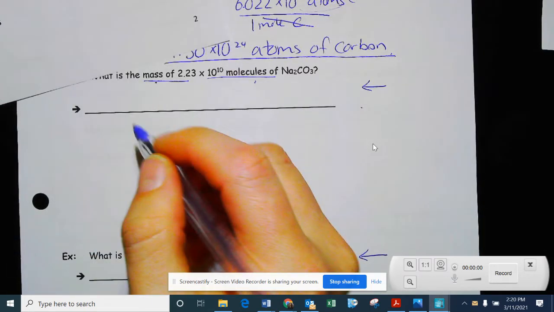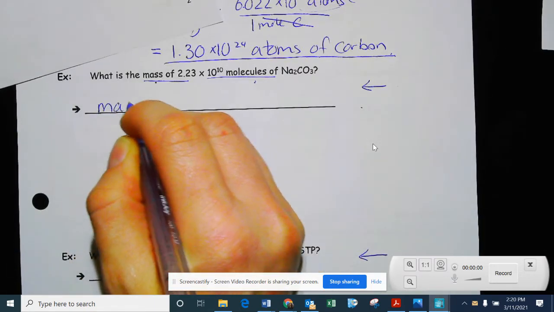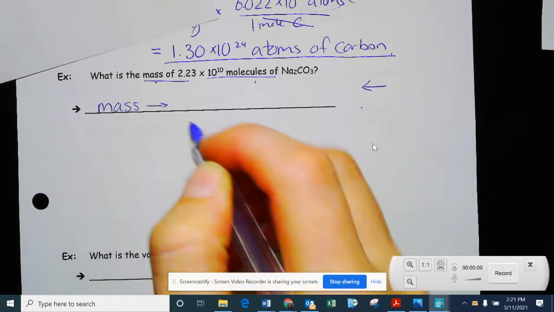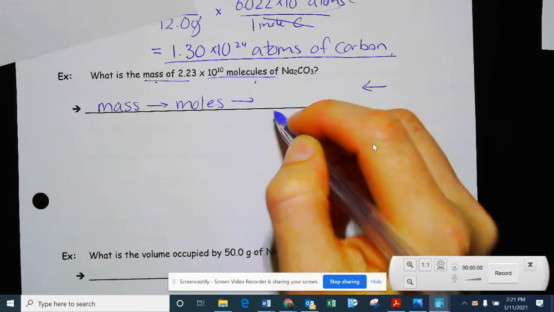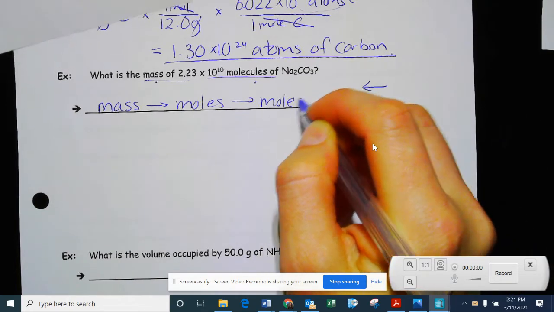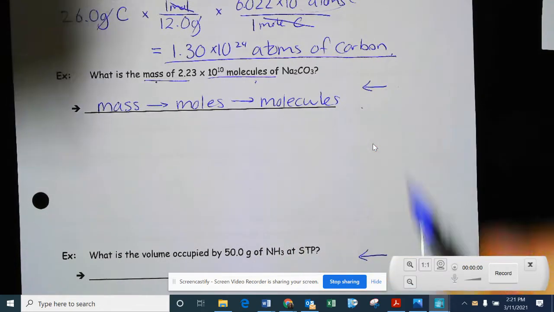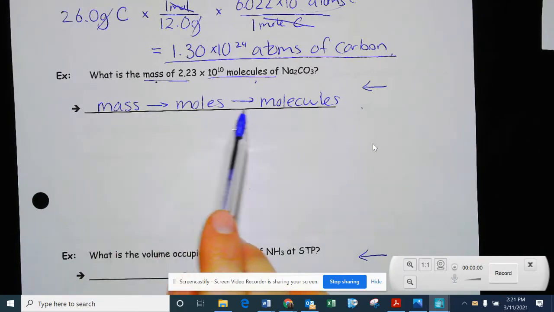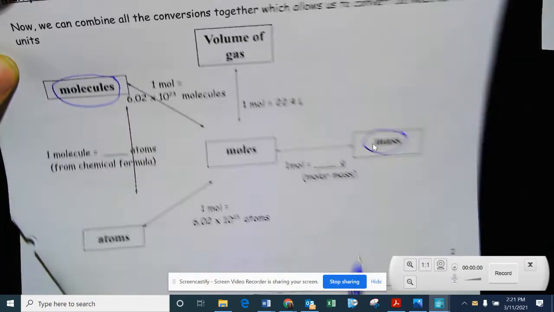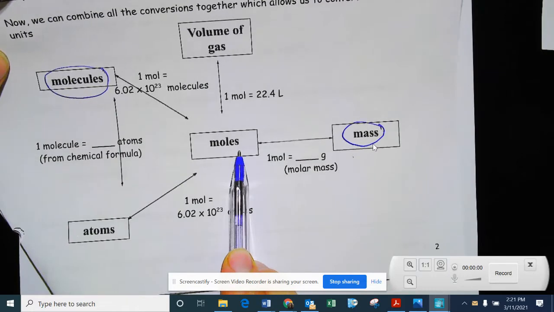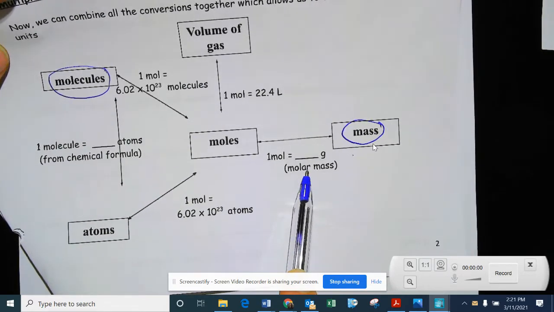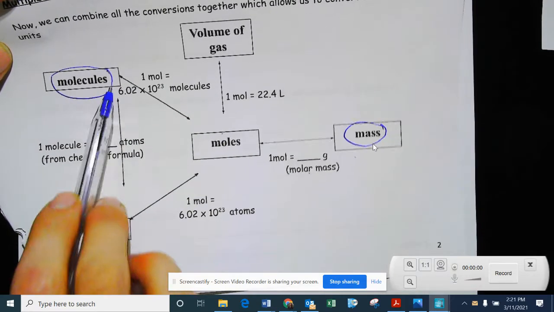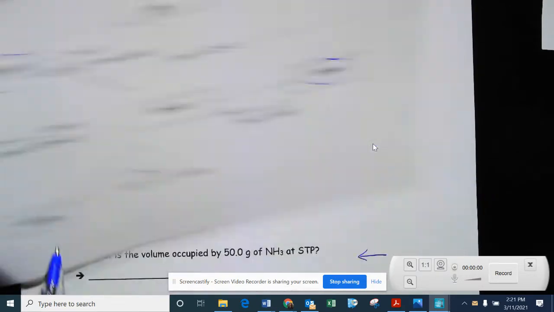So what I'm going to write here is mass to moles to molecules. And then within each of these arrows, we use different conversions. When we go from mass to moles, we use the molar mass of whatever our substance is. And when we go from moles to molecules, we use Avogadro's number.